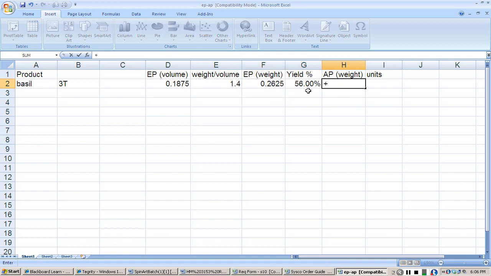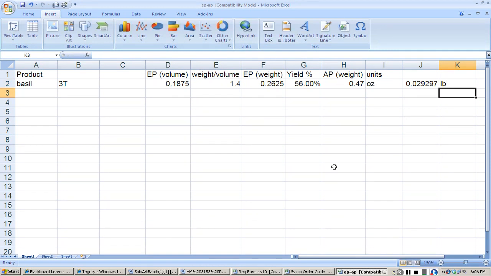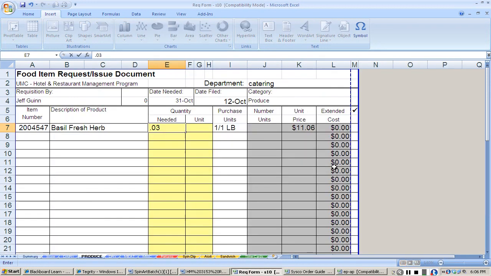So I take 0.2625, divide that by the yield percentage, and get 0.47 ounces. Divide that by 16 ounces per pound, and it tells me that I have 0.029 or 0.03 pounds of basil. So I'm just going to buy one.